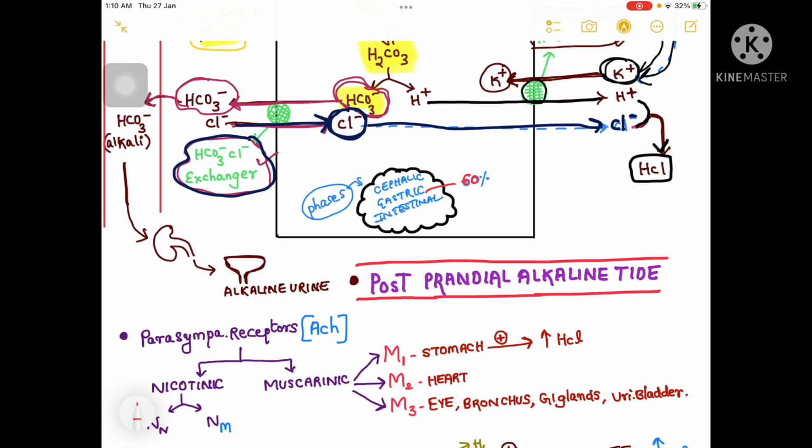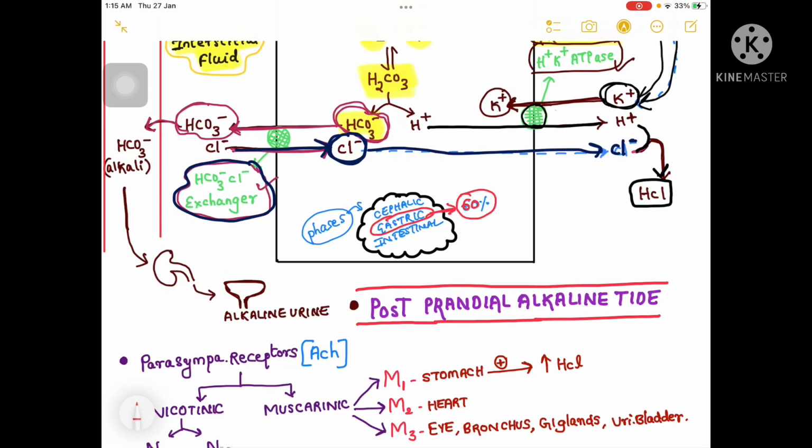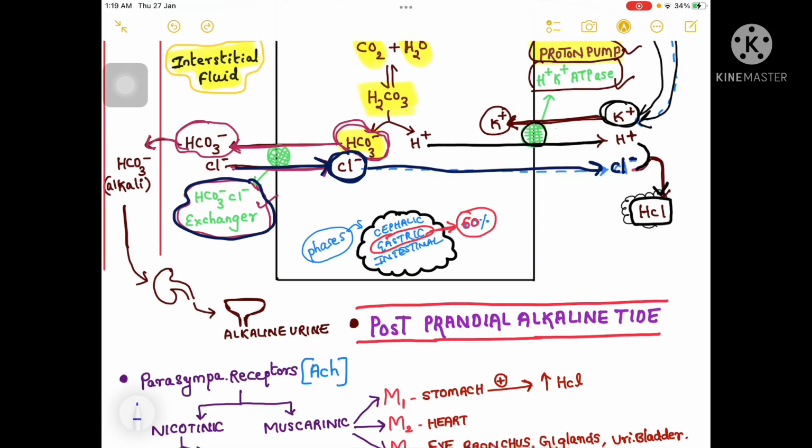Among these three phases, the gastric phase is the important phase, during which more than 60% of the hydrochloric acid is produced. So after taking food, that is postprandially, HCl production is increased drastically. In the process of producing more HCl, more H plus is formed.